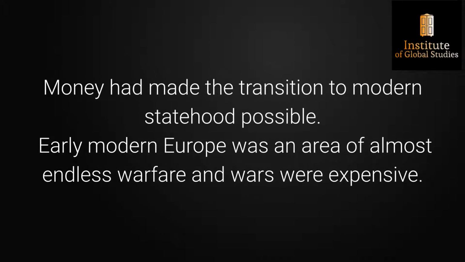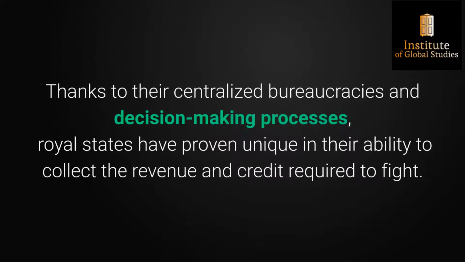Money had made the transition to modern statehood possible. Early modern Europe was an area of almost endless warfare, and wars were expensive. Thanks to their centralized bureaucracies and decision-making processes, royal states proved unique in their ability to collect the revenue and credit required to fight.